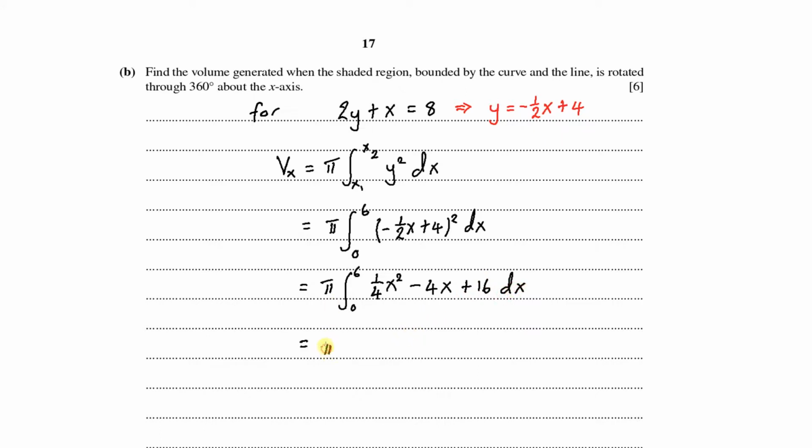So we can now integrate. The integral of 1/4 x squared gives 1/12 x cubed, integrating -4x gives -2x squared, and integrating 16 gives 16x. The limits are 0 to 6.